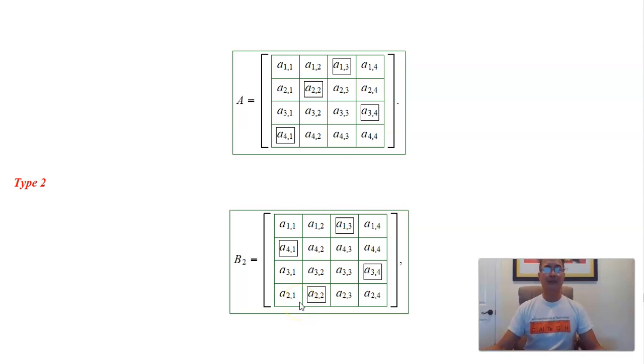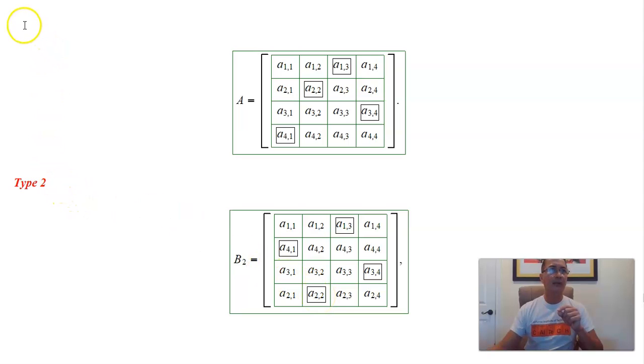Oh, I swapped row 2 and row 4. So now, what is the corresponding term from B2? Well, keep the A13. I want that A41, so I have to pick this number. Keep the A34. I want that A22, so I need to pick that number.